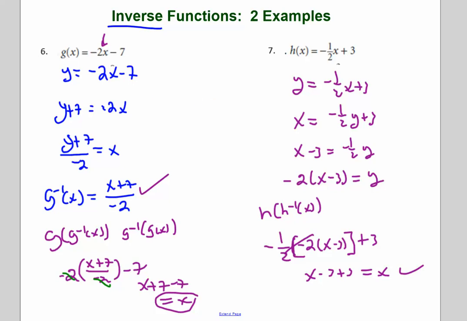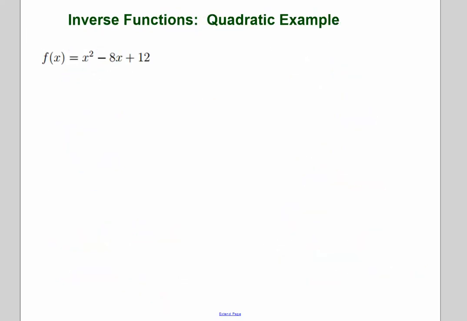I'm going to go ahead and do a quadratic. Here we go. This is going to get quite different. This may exceed our 5-minute limit, but let's see what happens. So I'm going to have y is equal to x squared minus 8x plus 12. I can swap out the x's and y's right now if I wanted to.